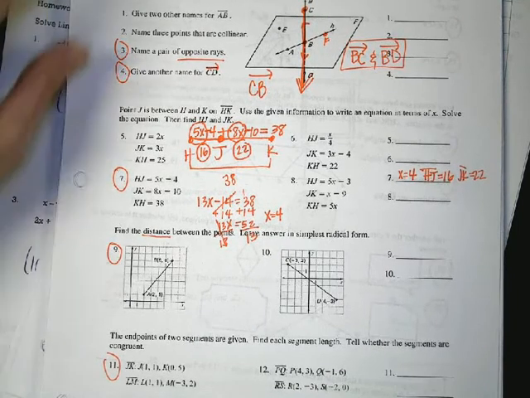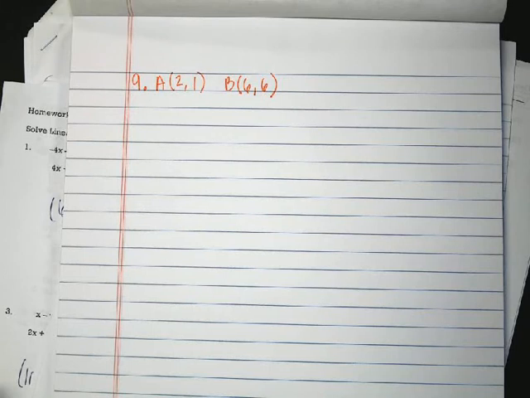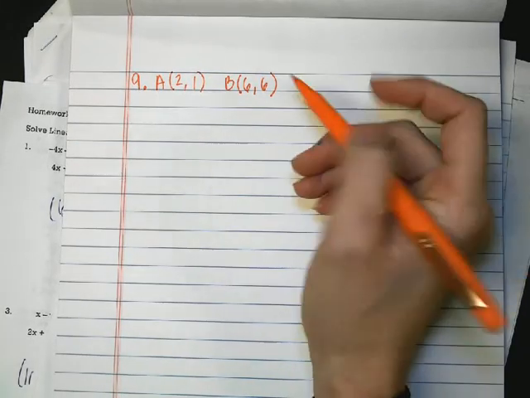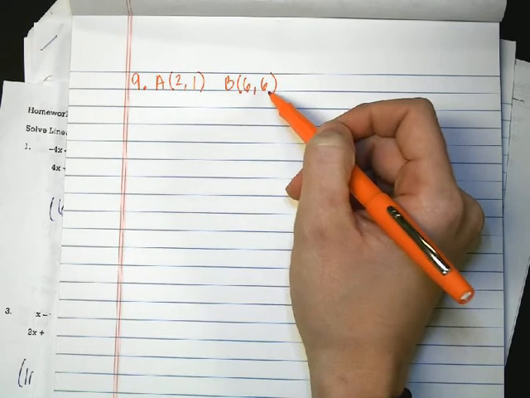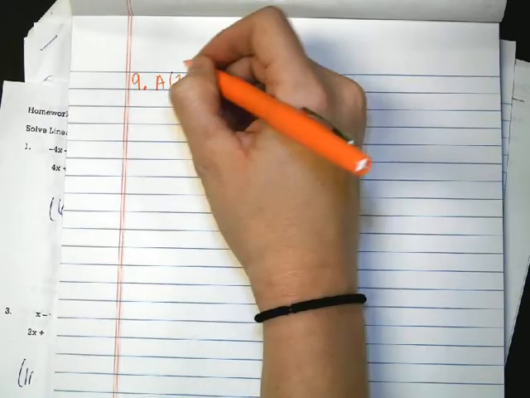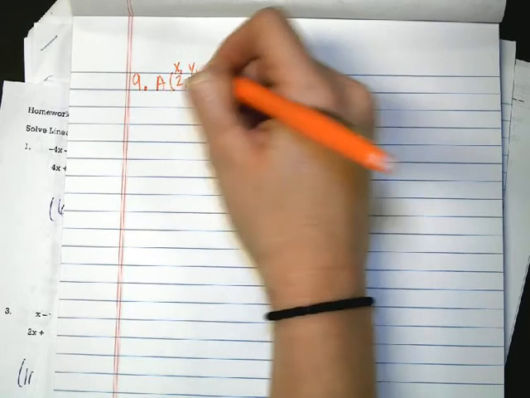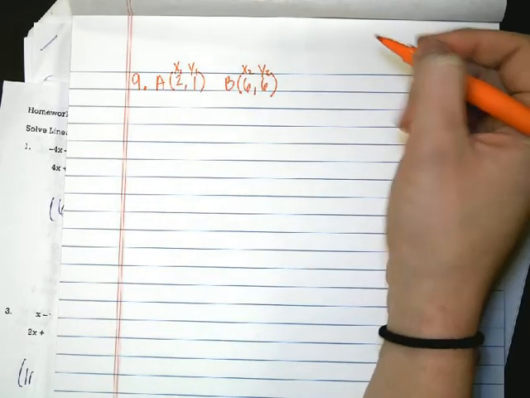The first thing I want to do is label my points. X1, Y1, X2, Y2. The distance formula is the square root of x2 minus x1 squared plus y2 minus y1 squared. Again, you got to have that memorized. From there, you can plug in.